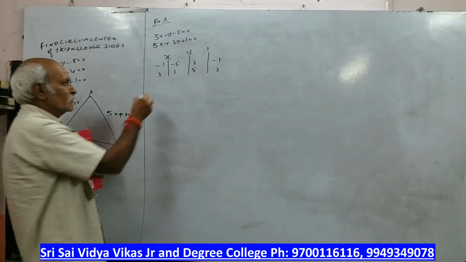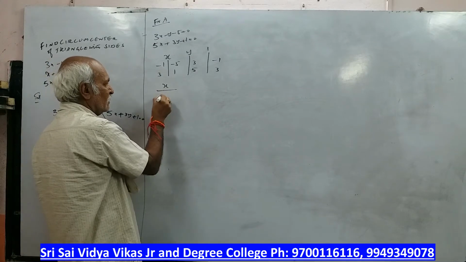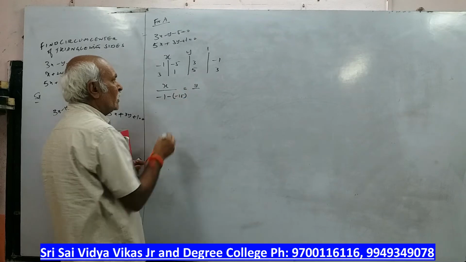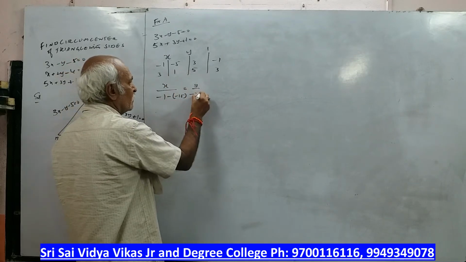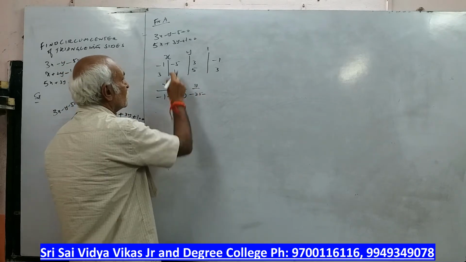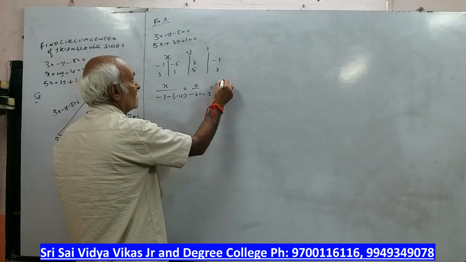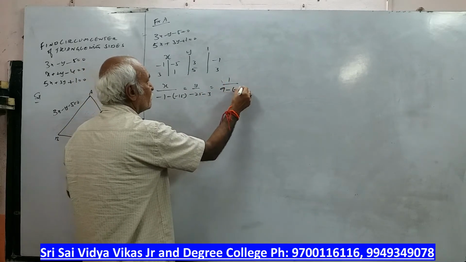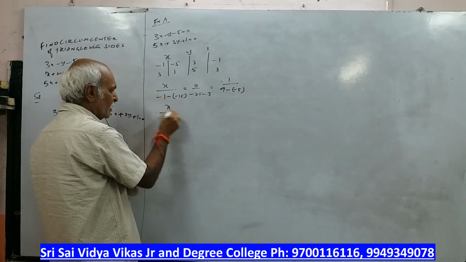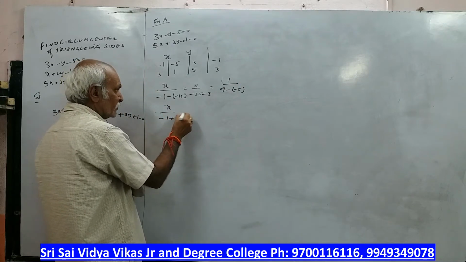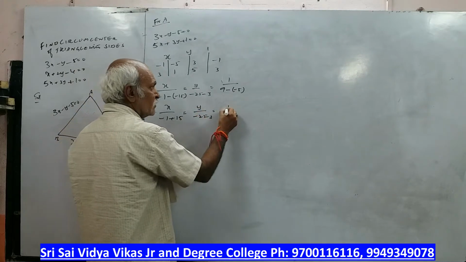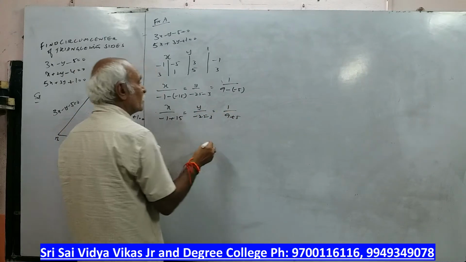So x by minus 1 minus of minus 15, y by minus 25 minus 3 is equal to 1 by 9 minus of 5.